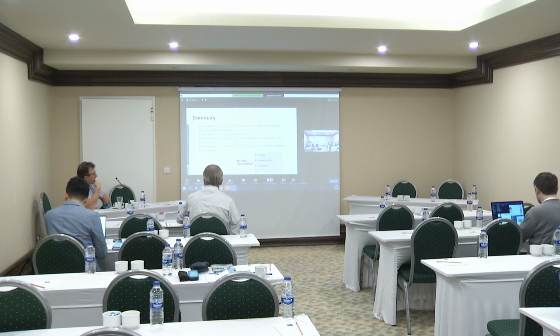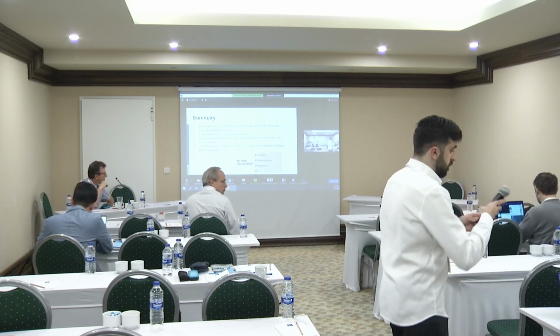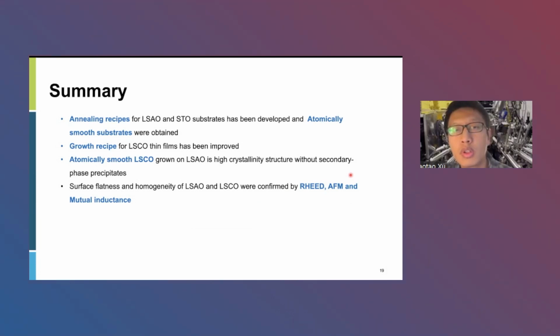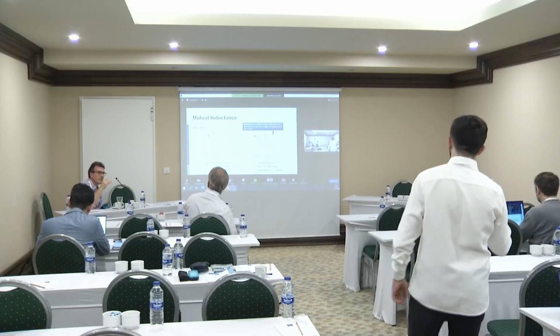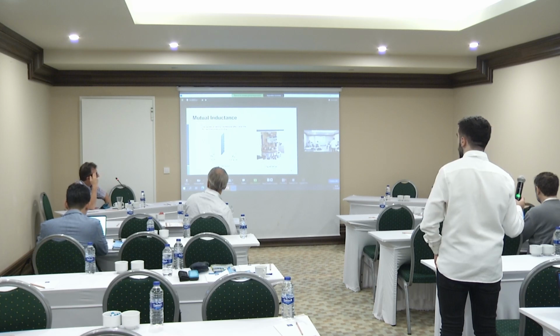For example, can you control the atomic layer deposition while the film thickness is increasing? Did you get that? Sorry, I didn't quite get the question. The question is if you are able to control the atomic layer rate while the film is growing.